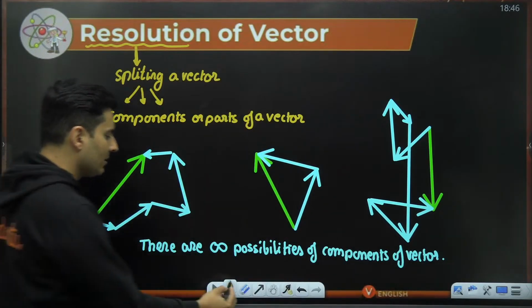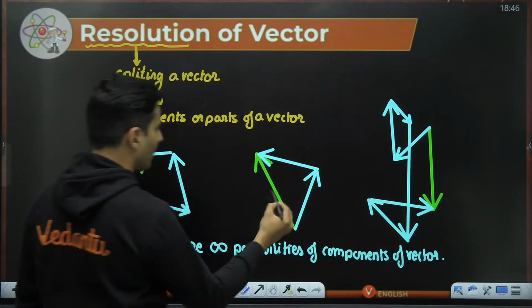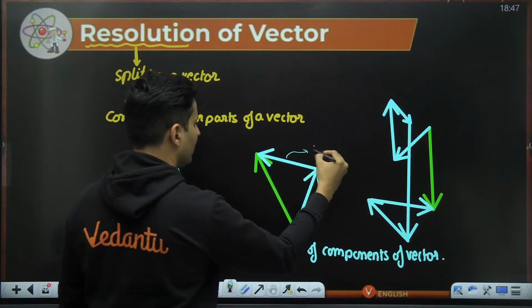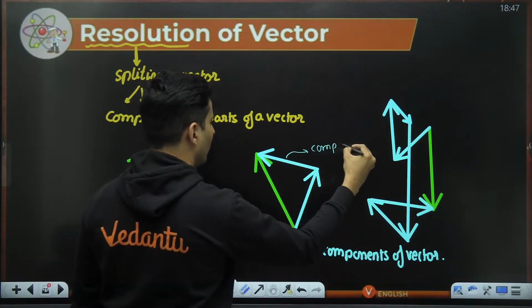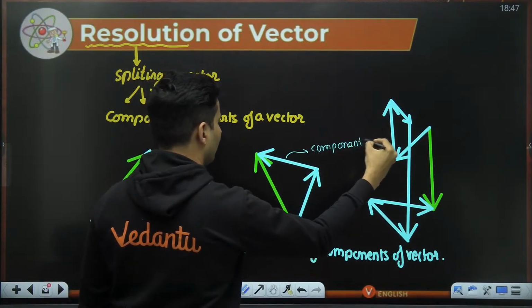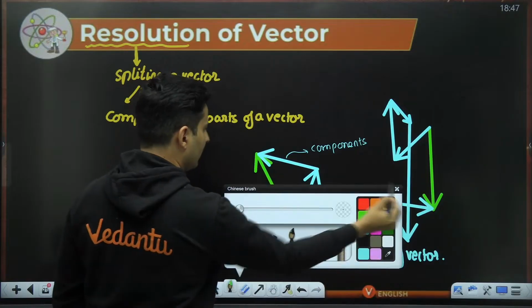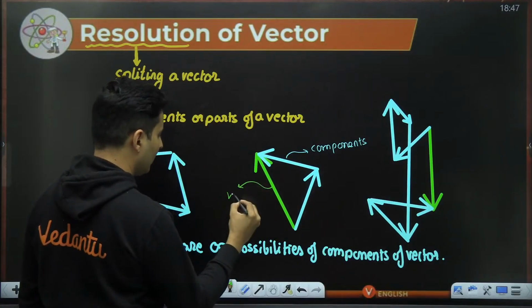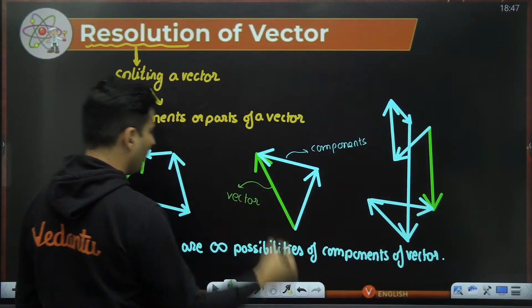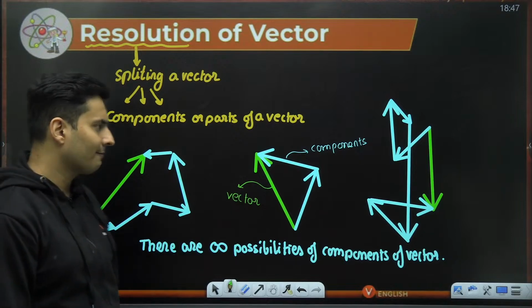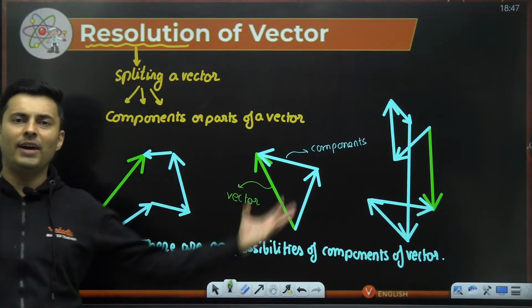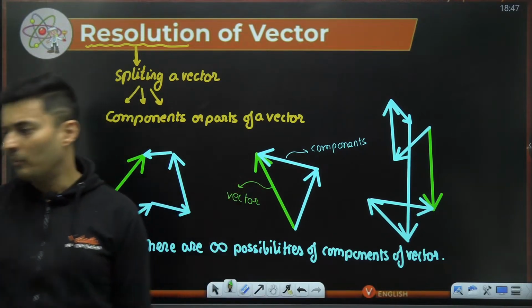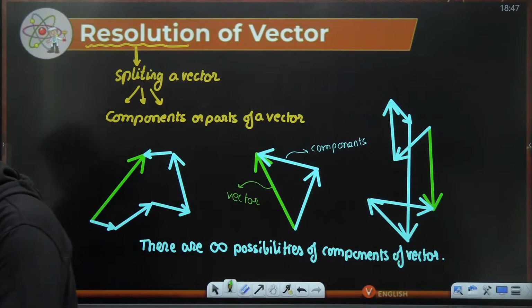So all these things which I have shown over here are basically the components. These are the components, and this green part was the actual original vector itself. And there are infinite ways of making the components. Is that right? Yeah. Should the head join or the head tail join?